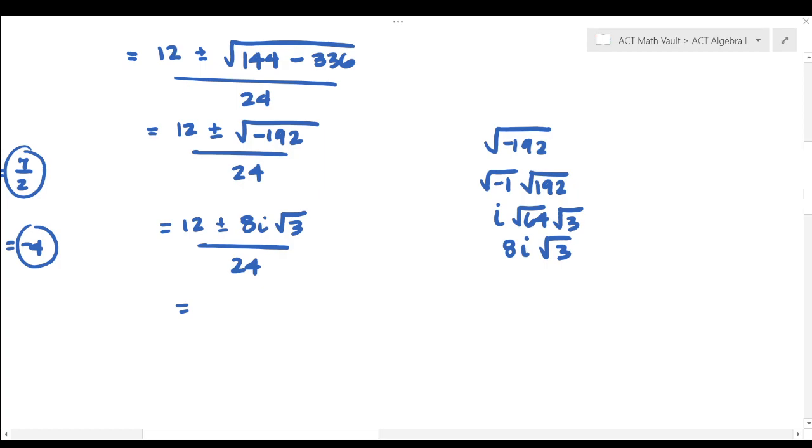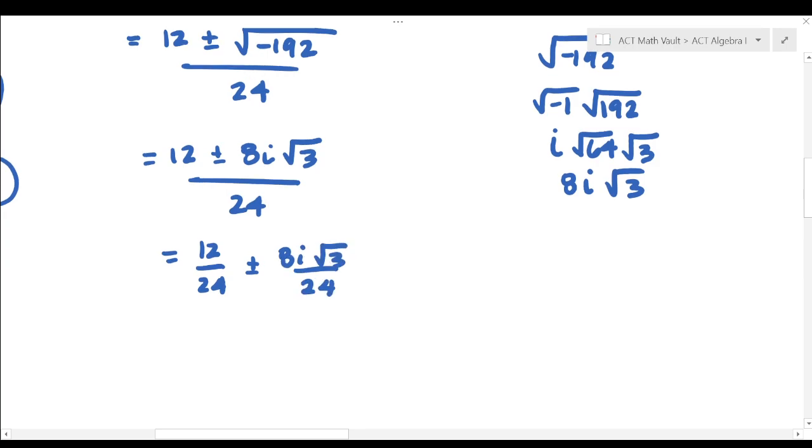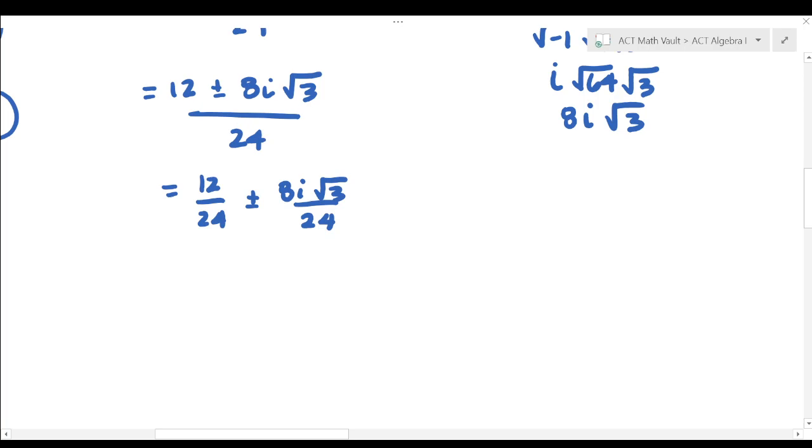And then I have a few options for simplifying here. What I like to do is put this 24 under each piece. And that's pretty consistent with the way that the ACT would simplify things. I could also, though, simplify a 12 24ths and an 18 24ths and kind of still write it all as one big fraction. So a few different options.